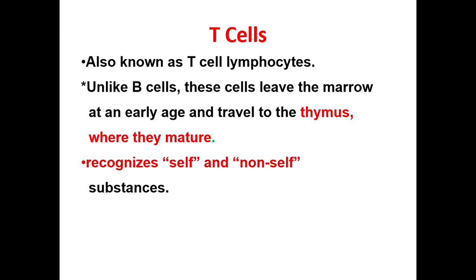Unlike the B cells or B lymphocytes, these cells leave the bone marrow at an early age and travel to the thymus, where they mature. And they can also recognize self and non-self foreign substances or antigen.